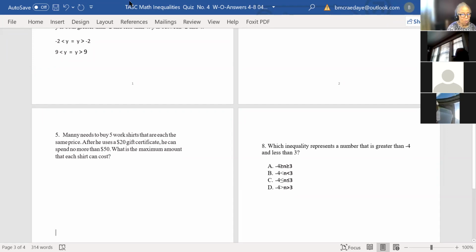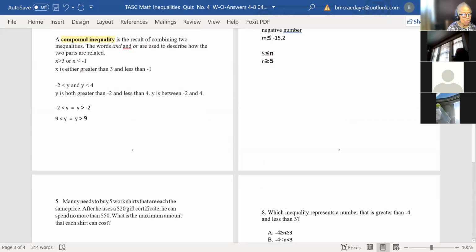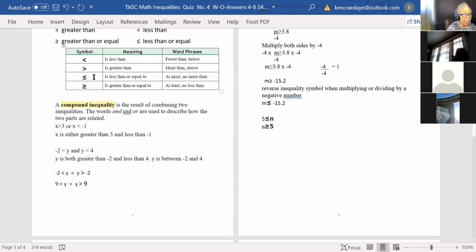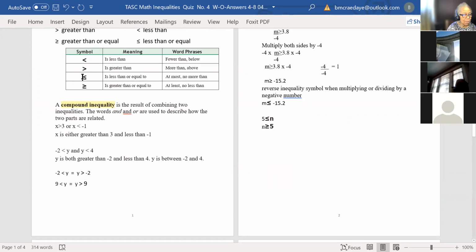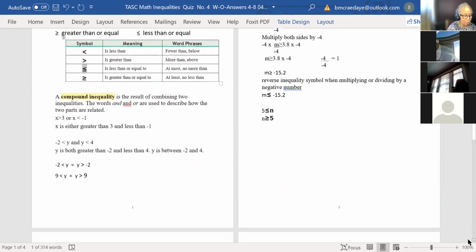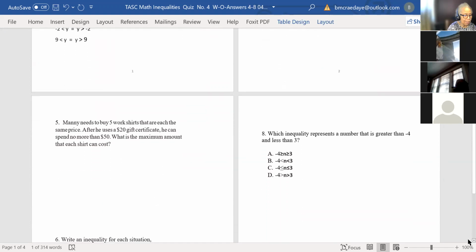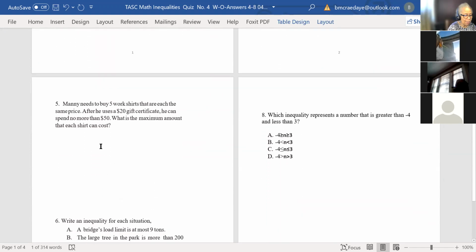Right. So how much do you have to spend? So let's take our less than or equal symbol and put it here. And then let's figure out what should be less than or equal.